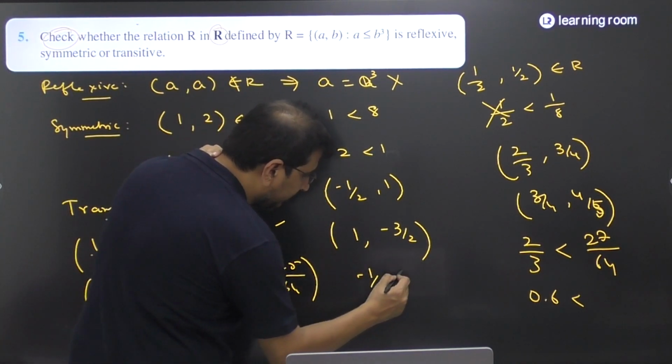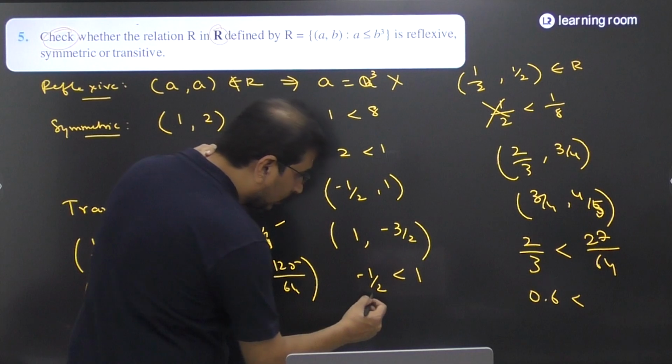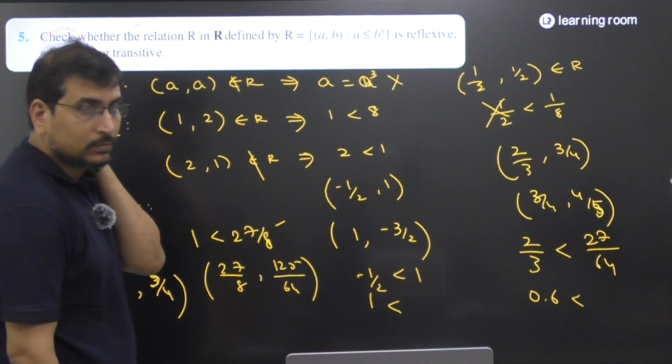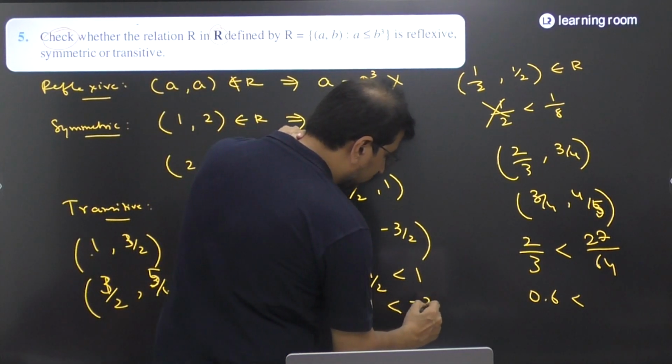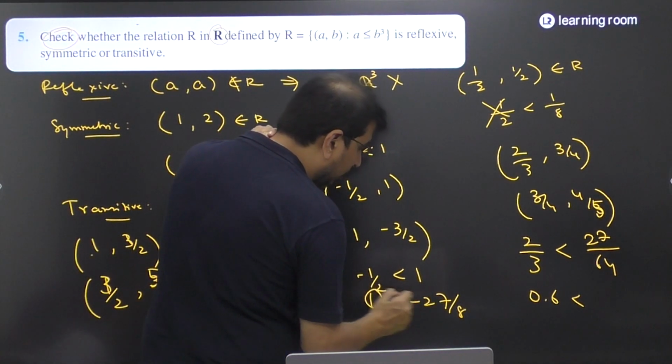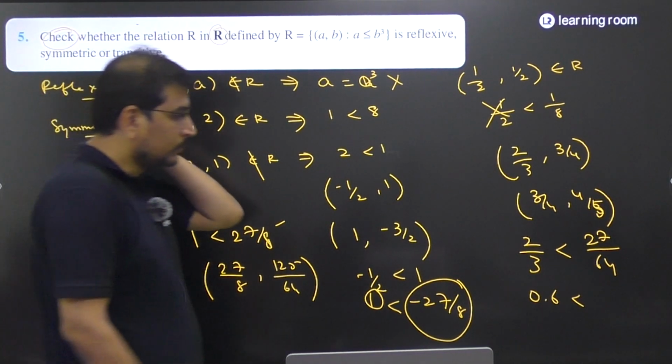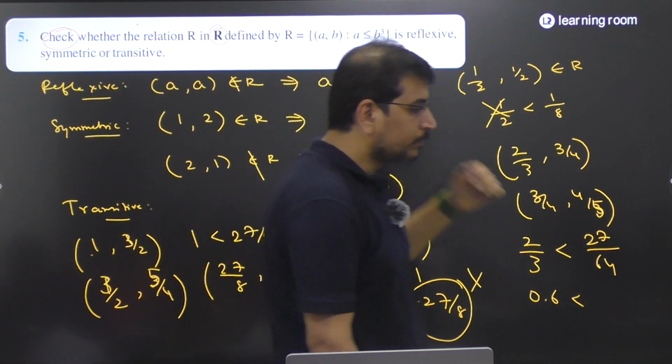So minus half is less than 1. 1 is less than... How is a positive number less than a negative number? Okay.